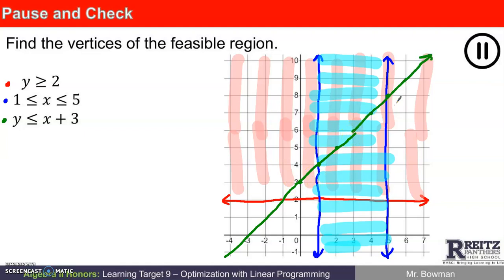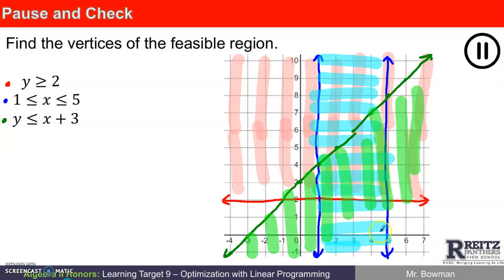Something like that. Which side of the inequality is solved? Well, I need the y's that are less than that. So the y's that are below the line. All of this stuff.